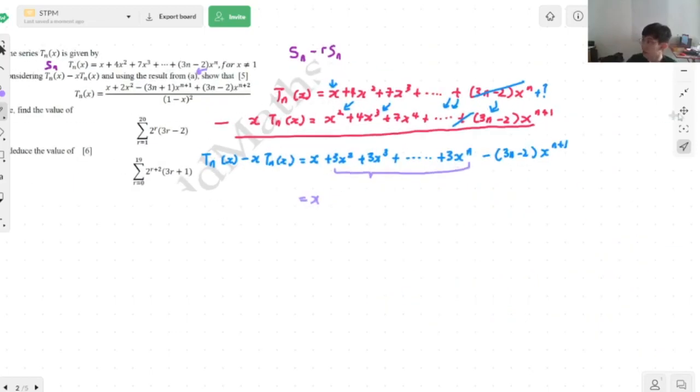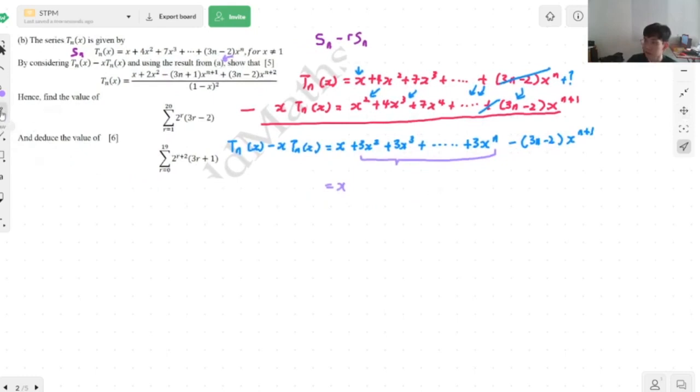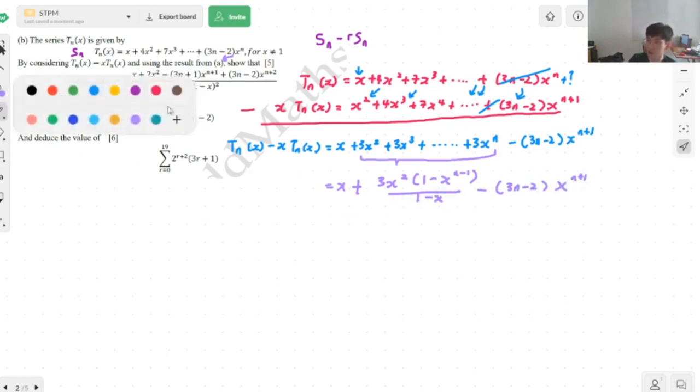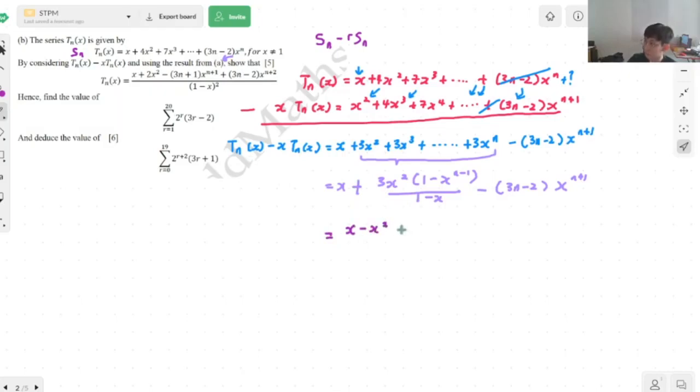So I will get, let me adjust the screen, x plus 3x squared times 1 minus x power n minus 1 over 1 minus x, and minus (3n minus 2)x^(n+1). So as we can see, there's a fraction here. I do not like the fraction. Then I need to combine all the fractions together. So I combine it, x times 1 minus x, so I get x minus x squared plus 3x squared times 1 minus x^(n-1).